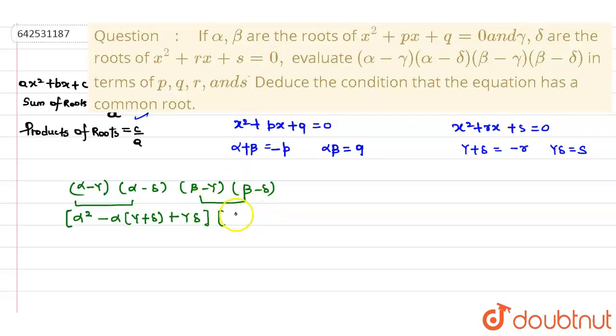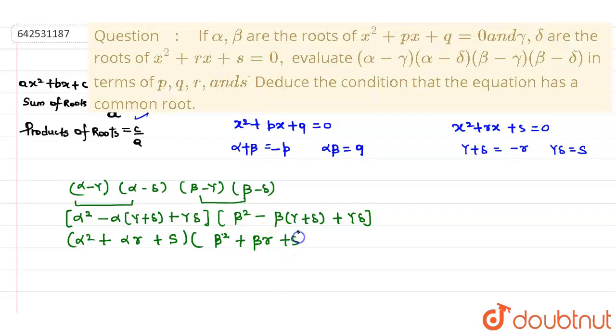Now multiply this with the fourth, then beta square minus beta common, gamma plus delta, plus gamma delta, right? Now put the values. So alpha square minus alpha times gamma plus delta is equal to minus r, minus times minus, that means plus alpha r, plus the value of gamma into delta, that is s. Now when I put the value over here, beta square minus beta r plus s.